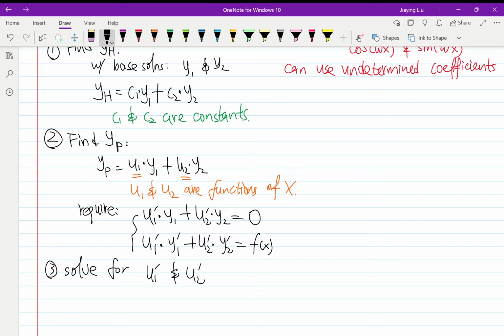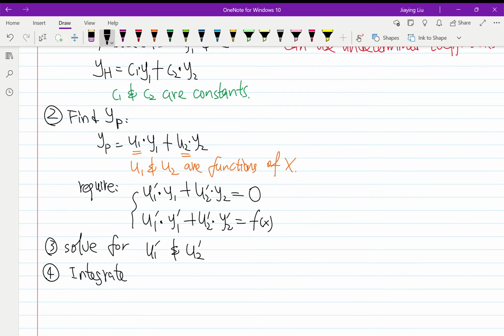And after we've done that, since what we found are actually the derivatives of u1 and u2, the next step is to integrate to find u1 and u2.